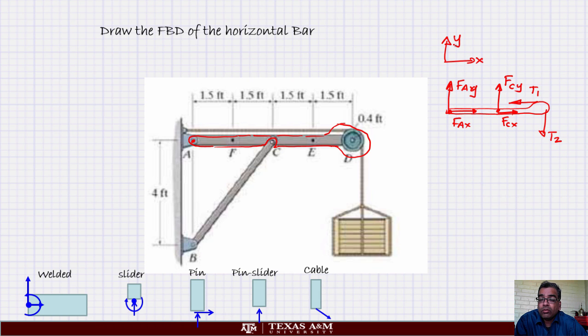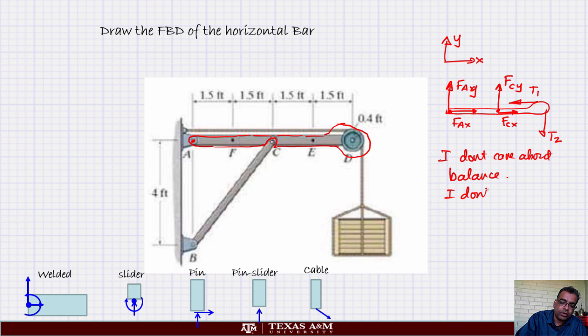That's it. That's all. Notice I don't care about balance. I don't care about forces not on the outline.